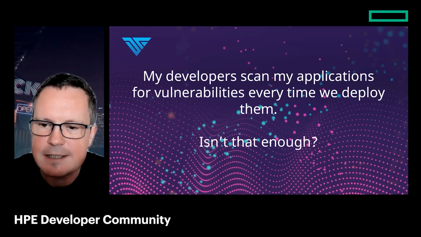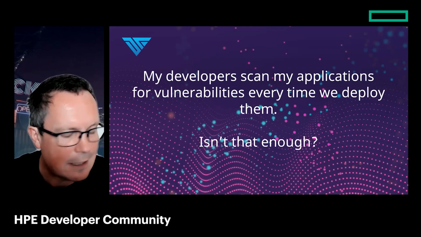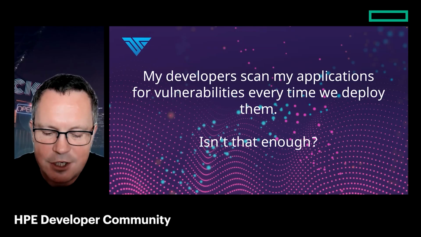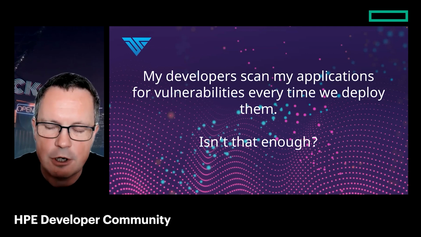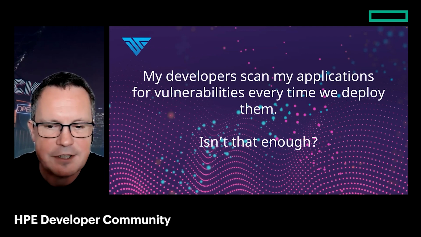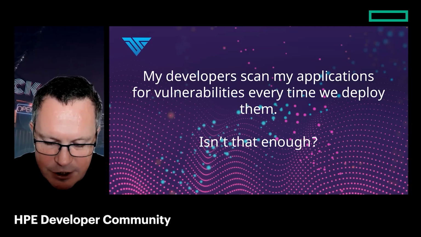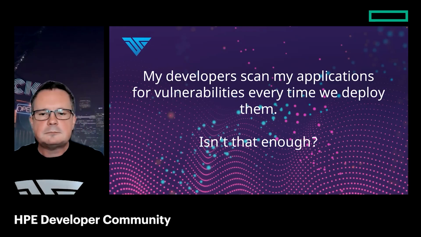And there's a great set of tooling to help developers do exactly that, to scan applications during the build process, at test time, when they're staged to go into production, and to match the SBOM, the software bill of materials, against a range of different public vulnerability feeds, CVEs, security announcements, data from GitHub, and the like.